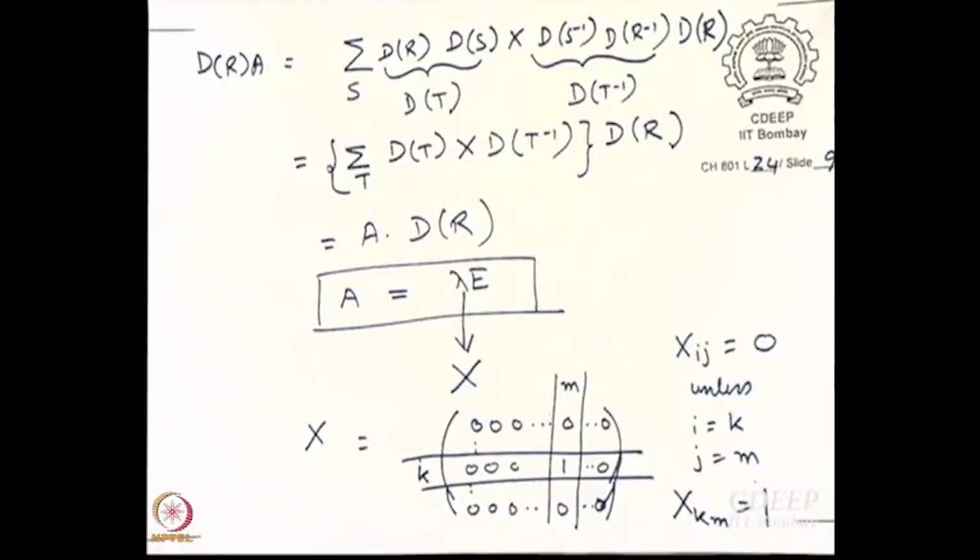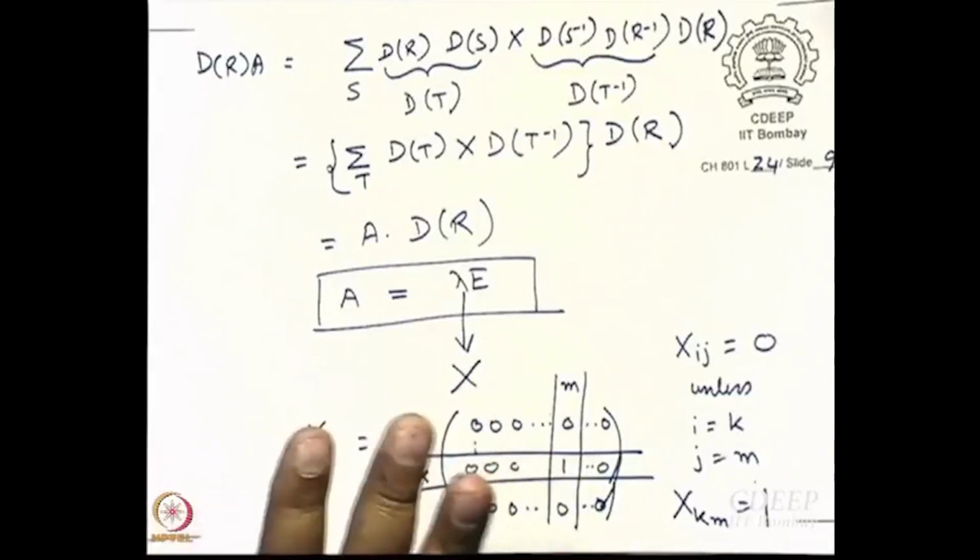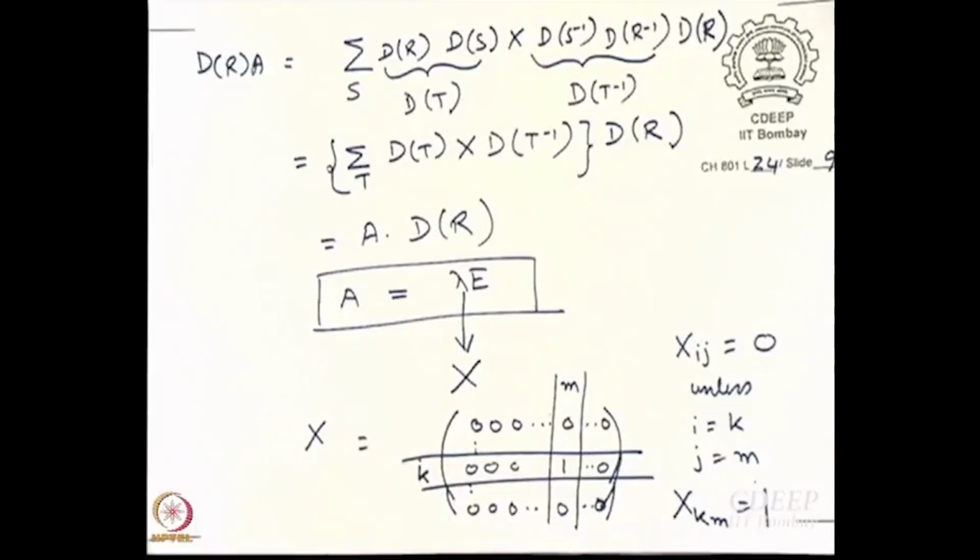You could have made it 5, it does not matter. It is just that 1 is the most convenient number. Do we all agree that even if I write my X this way, I do not lose out one bit on the generality of the situation? I am fine. Right?